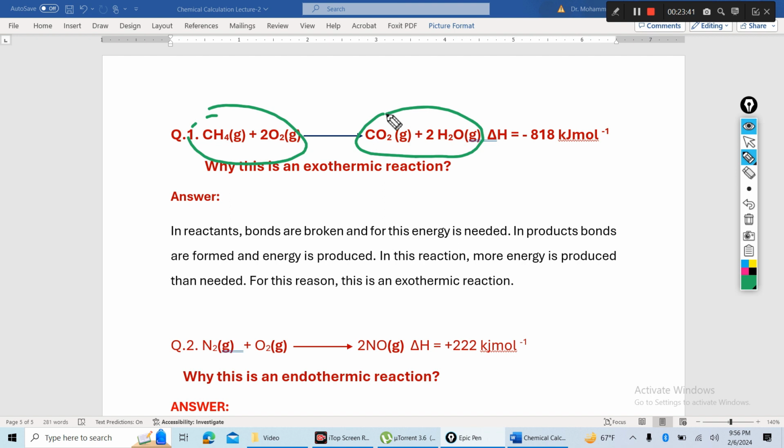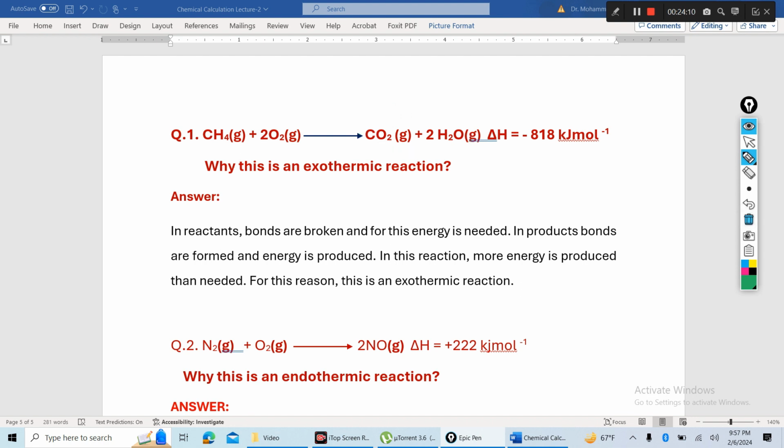You also know in reactants bonds break because reactants react. When reactants react, bonds are broken, and you will get product. In product, bonds are formed.